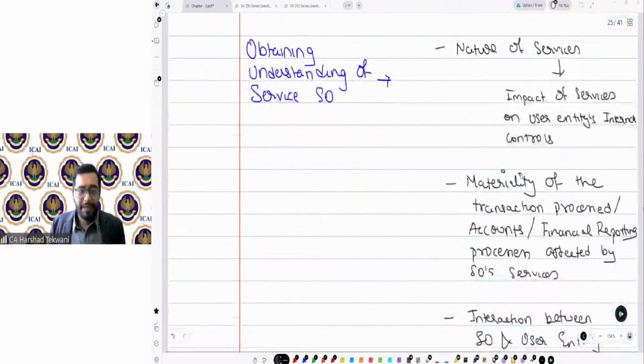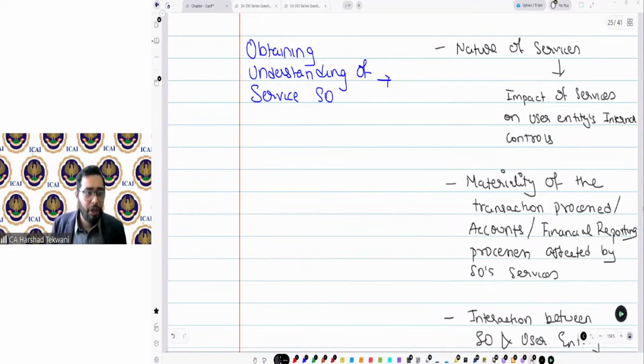Now, this is something we need to obtain, we need to obtain this kind of understanding. And from where we will get this information? Who will provide us this information? That is a question.